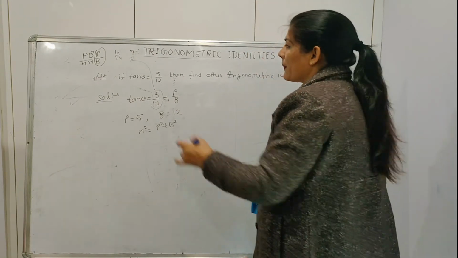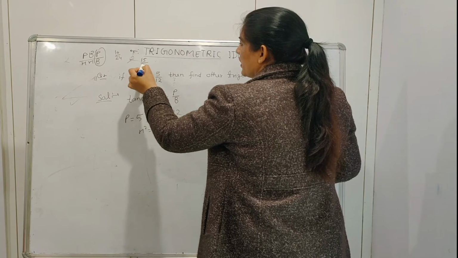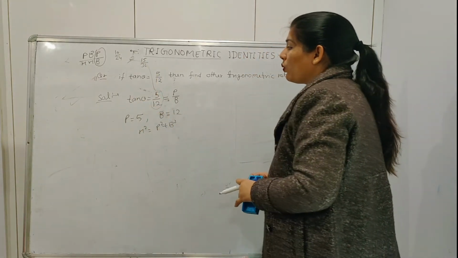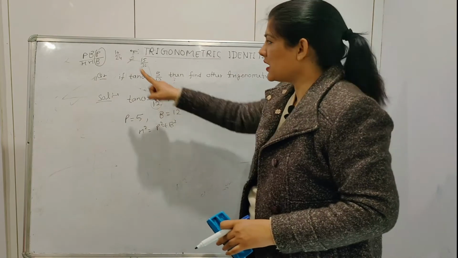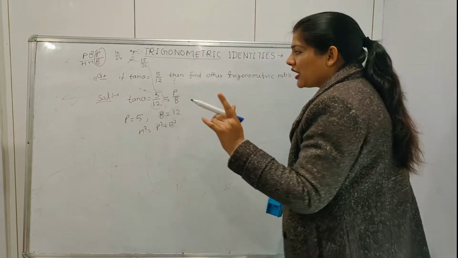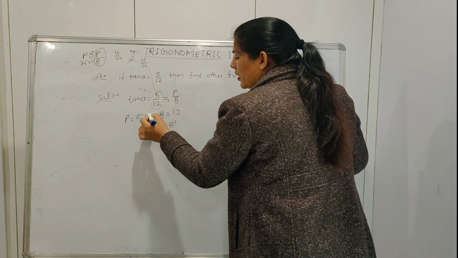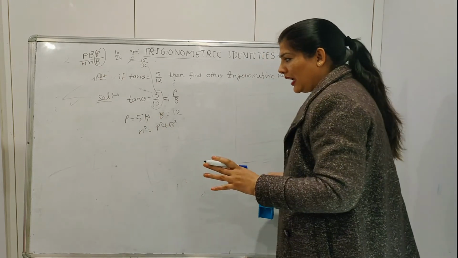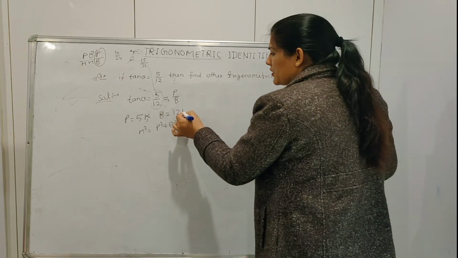Or you can write it as 15 upon 36. So what value of perpendicular should be chosen? Is it 5, is it 10, or is it 15? So you have to take a multiple here. Suppose that is k. So always take p equals 5k and b equals 12k.